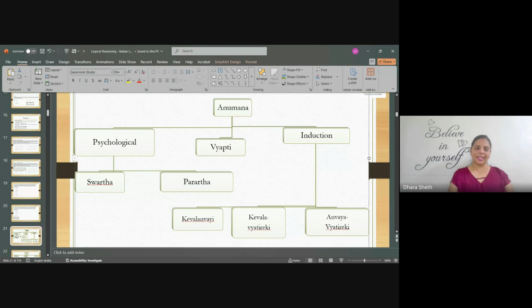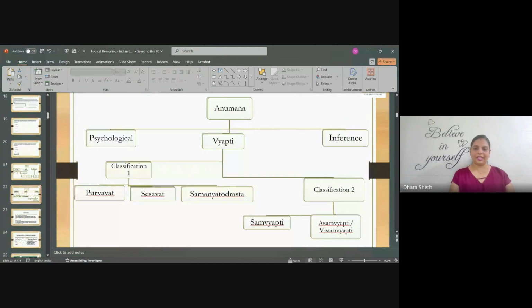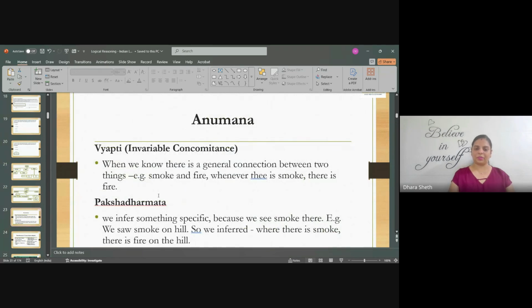Next, let's take Vyapti and then we will take induction. So based on Vyapti, we have two classifications. But before that, let's see what is Vyapti. It is said that for proving anything in Anuman, there are two ways to prove it.